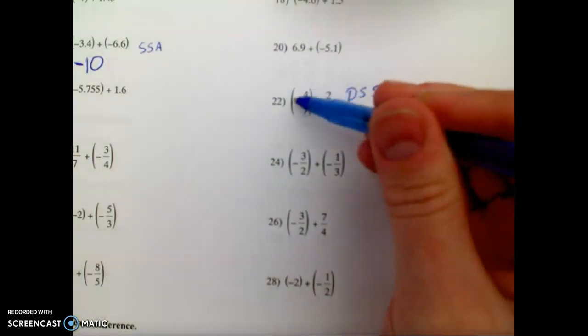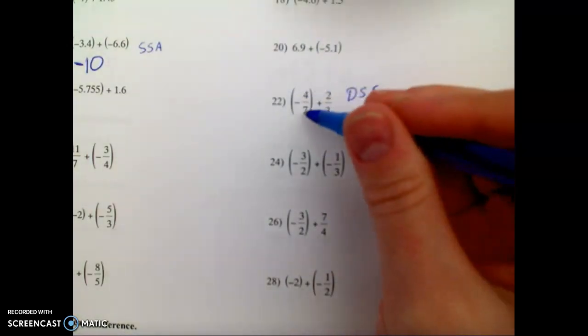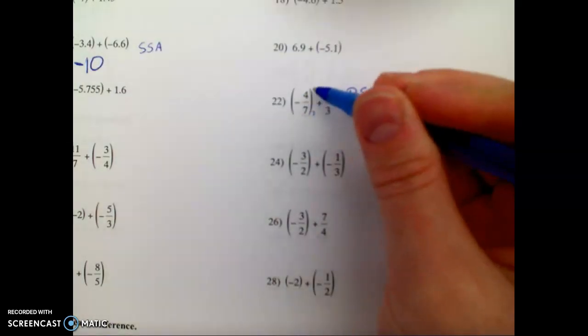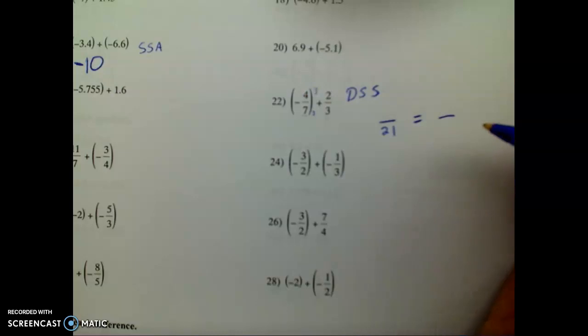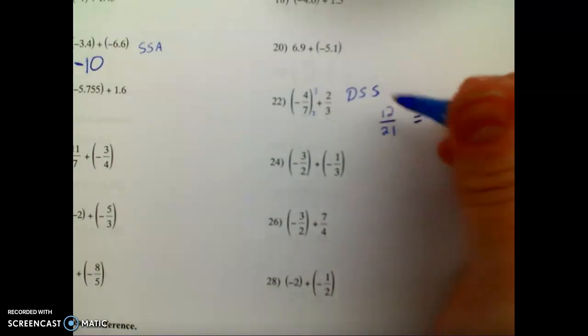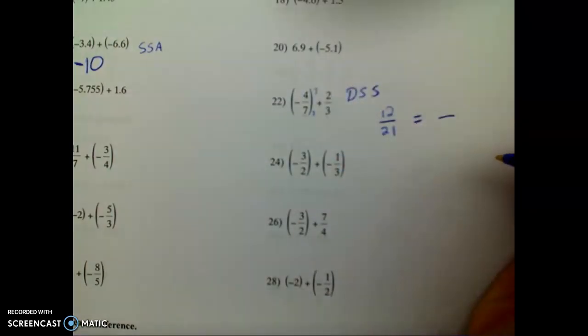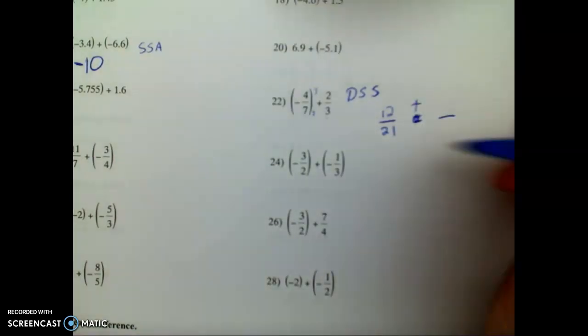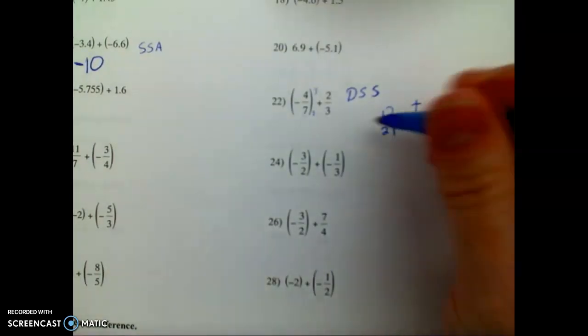That means for the first fraction right here, I multiplied the 7 times 3, and I'm going to multiply the 4 times 3. So if I rewrite the new fraction, I now have 12, because 4 times 3 is 12, over 21. And this is still negative.